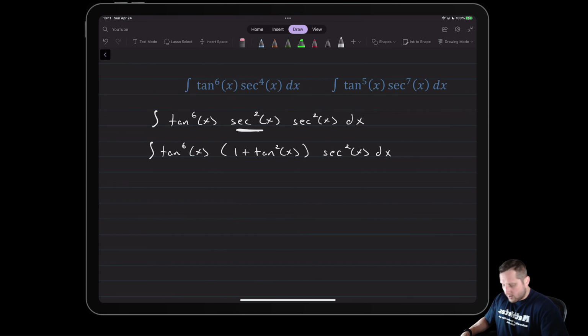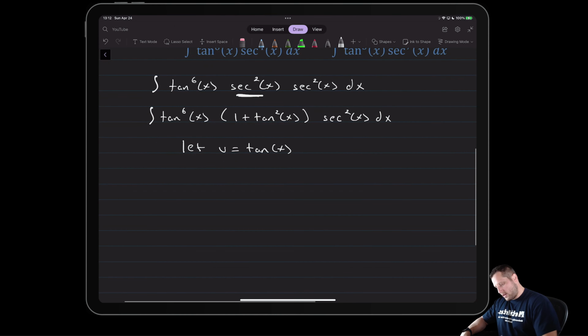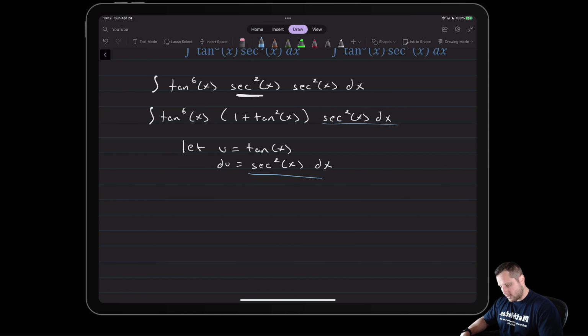Now, right here, we're ready to start with our u substitution. So we are going to let u equal tangent of x. Then our du is equal to secant squared of x dx. And as you can see, secant squared dx, we can replace that with du.